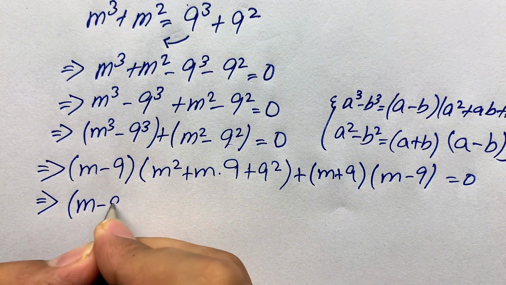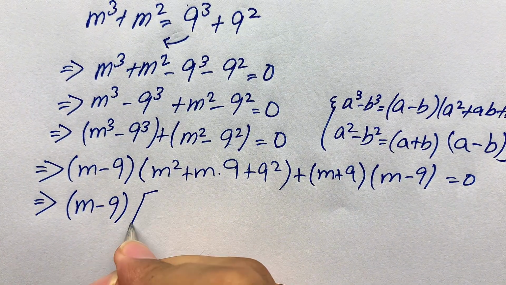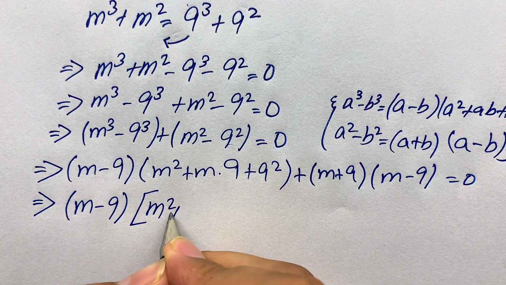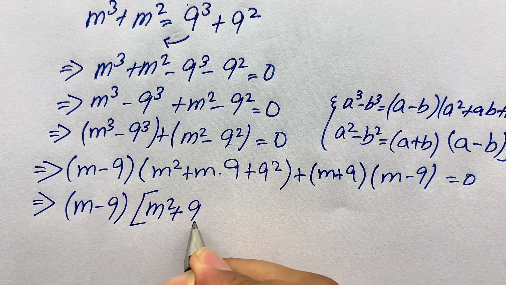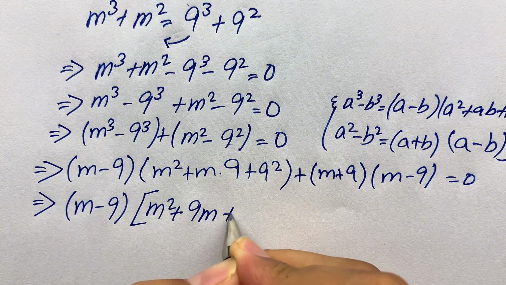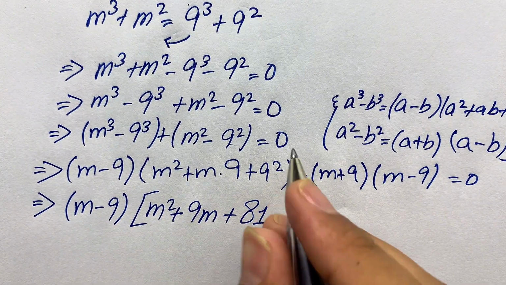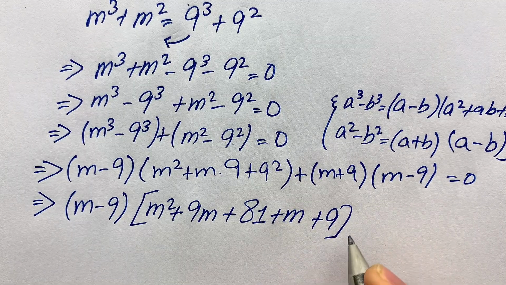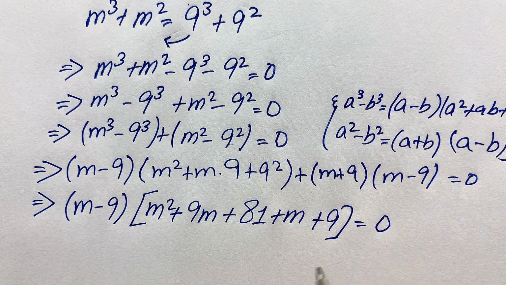(m − 9)[m^2 + 9m + 81 + m + 9] is equal to 0.